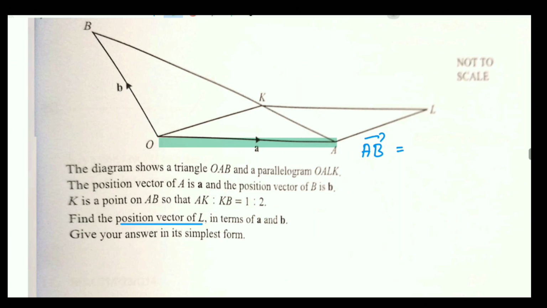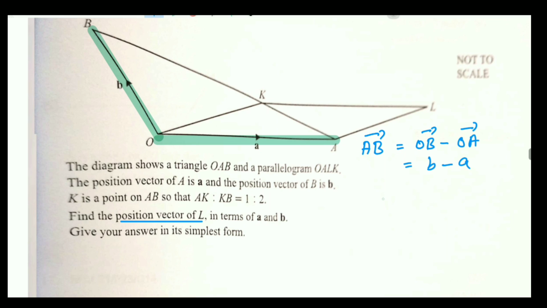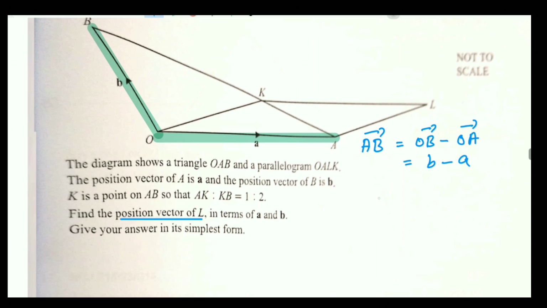So AB is OB minus OA, that is b minus a. On the other hand, AB is equal to AK plus KB.